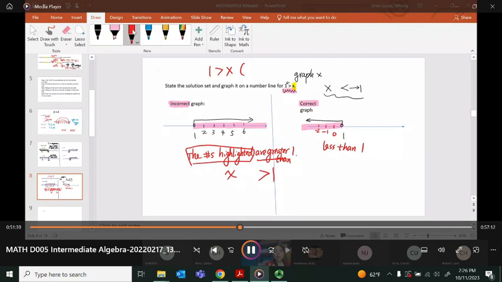Mathematical symbols are easier to write, but sometimes you have to convert back to an English sentence to help you understand. So when I see this, I would say, okay, x is smaller than 1, which means I have to graph the numbers on the left side of 1. Okay, questions?